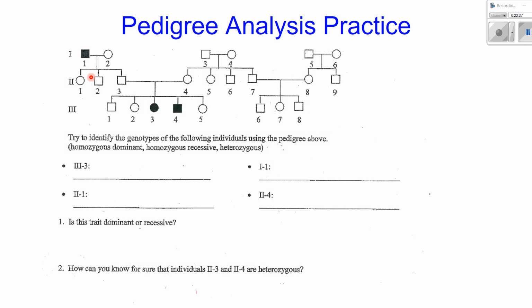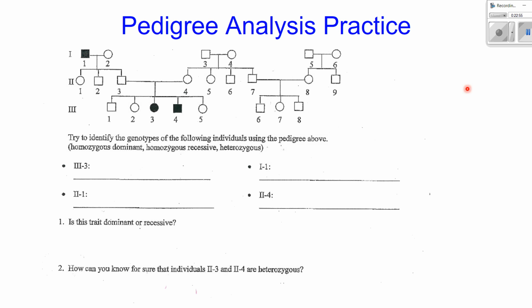And what was the other? 2-4 would be this lady. So I want you to figure out the genotypes of each of these 4, and then I want you to answer question 2. That's the final thing that I want you to do. Do that with the video paused, and then you can unpause the video and check your answers.